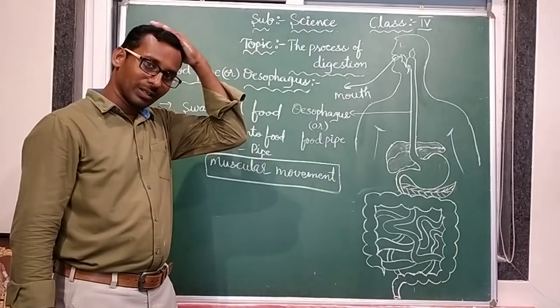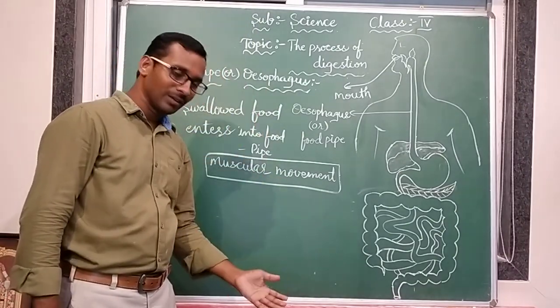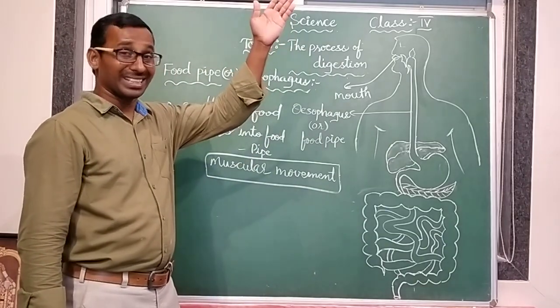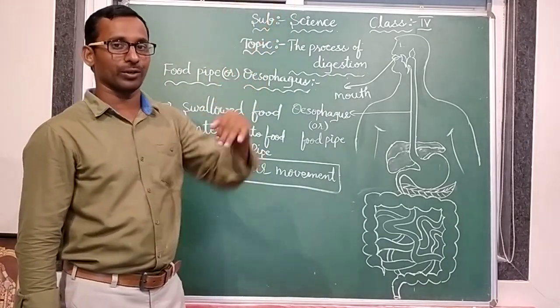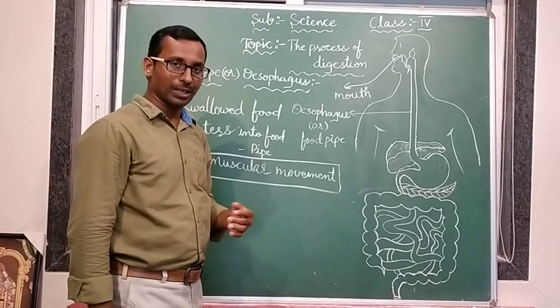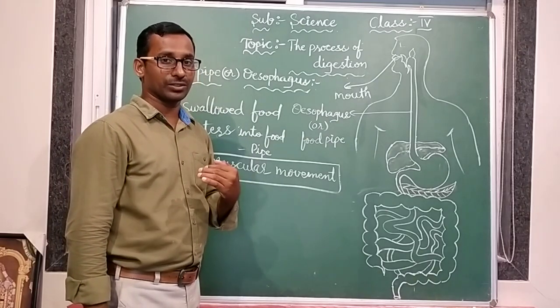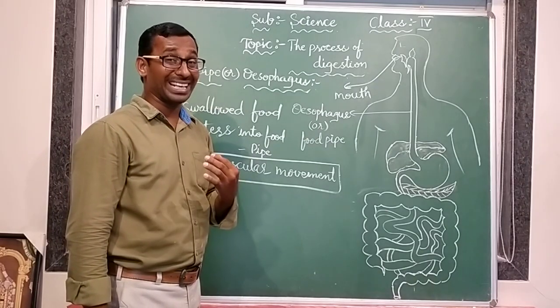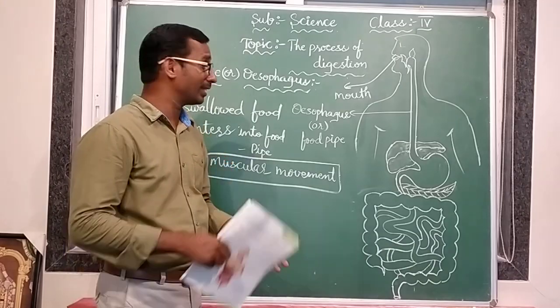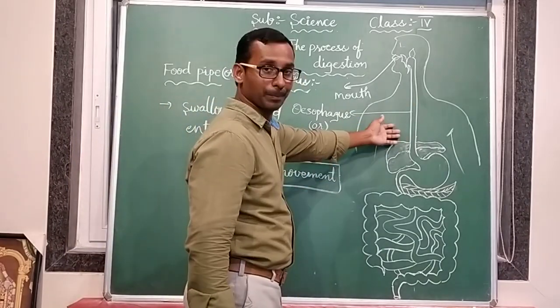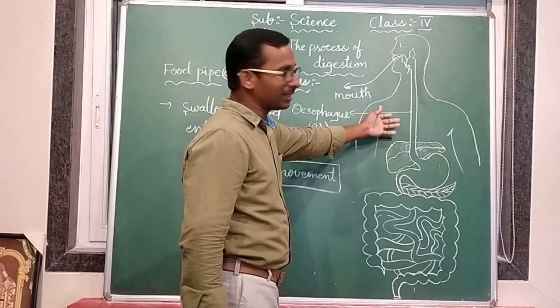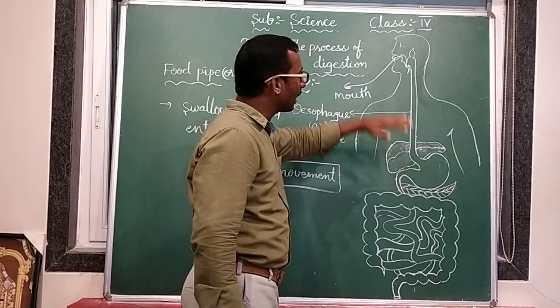Upside down means when we put our head downside and legs upside. Then also, if you chew and swallow any food item, that food enters into our stomach. In this diagram, upside down means the head is down and this total part is up.